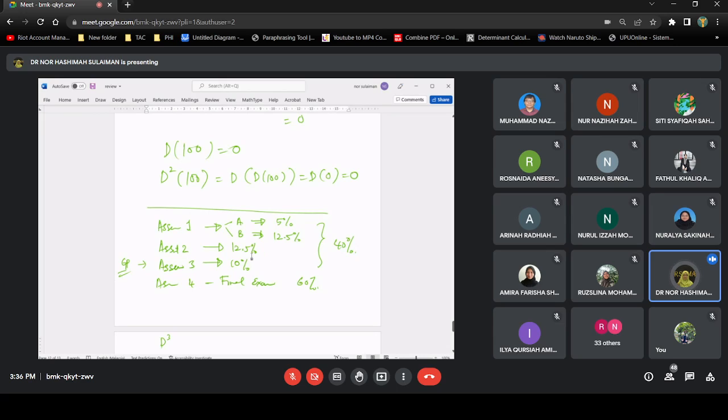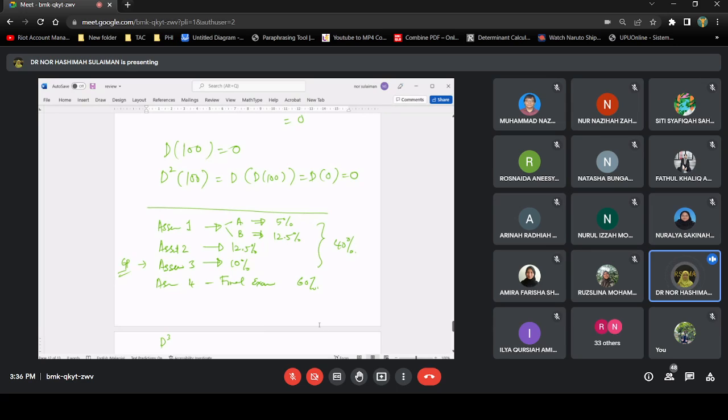Okay, siapa yang tak berapa nak score, you all kena put extra effort lah. Kalau ada benda yang tak faham, nak tanya, boleh je contact saya personally. Saya pun tak tahu apa masalah you all, jadi mungkin you all perlu personal coaching ke, saya pun tak pasti.